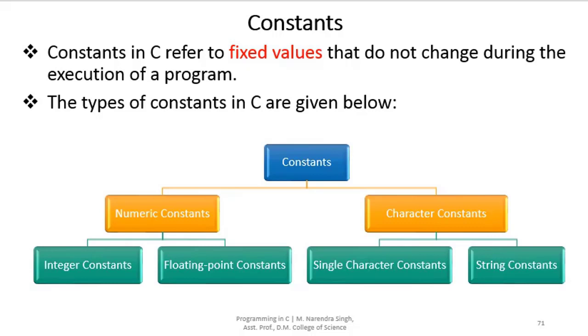The first is integer constants and the second is floating point constants. Floating point constants means real numbers having decimal point or an exponential. Again, there are 2 types of character constants. They are single character constants and string constants. String constants have more than 1 character, whereas single character constants have only a single character.